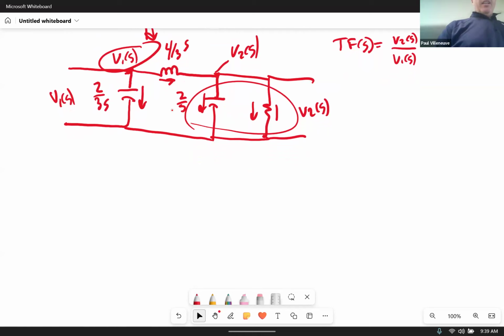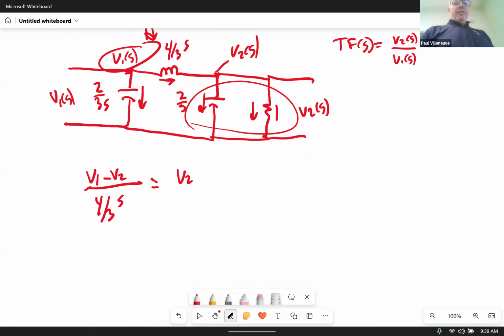The current into the node is V1 minus V2 over 4/3 S. That's the current through there. That's the current in, and then the current out is V2 divided by 2 over S plus V2 divided by 1.